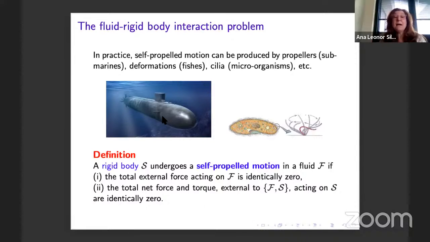I have here, let's say, a classical example, which can be a submarine moving in the sea, but also the motion of certain microscopic organisms like cilia can also be modeled as a self-propelled motion of a rigid body.